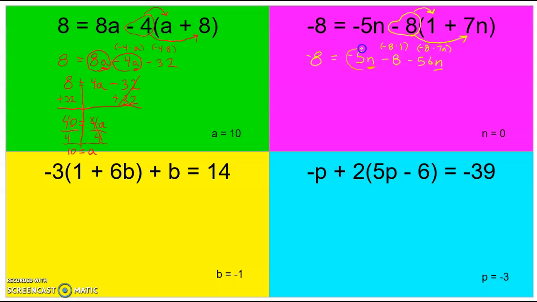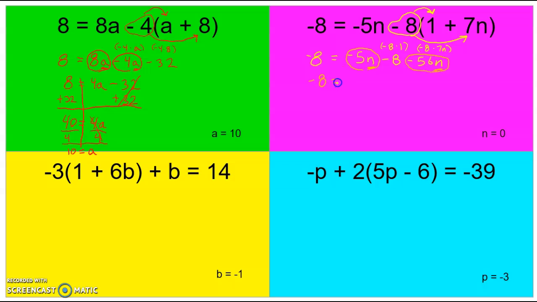So let's circle what can be combined. And remember, we can only focus on one side of the equal sign. We're not going to combine these two -8s quite yet. Remember the balancing beam.